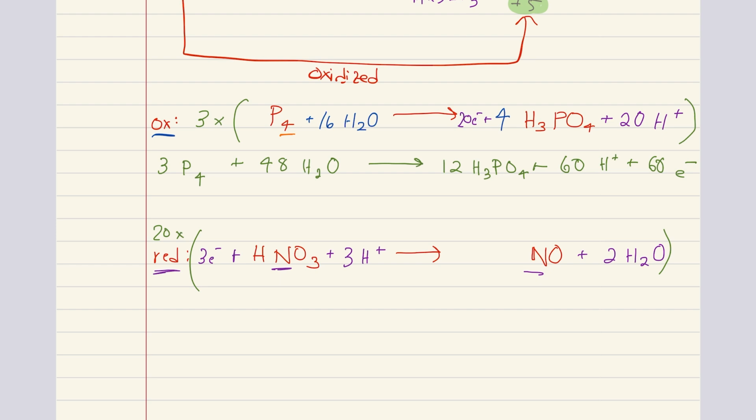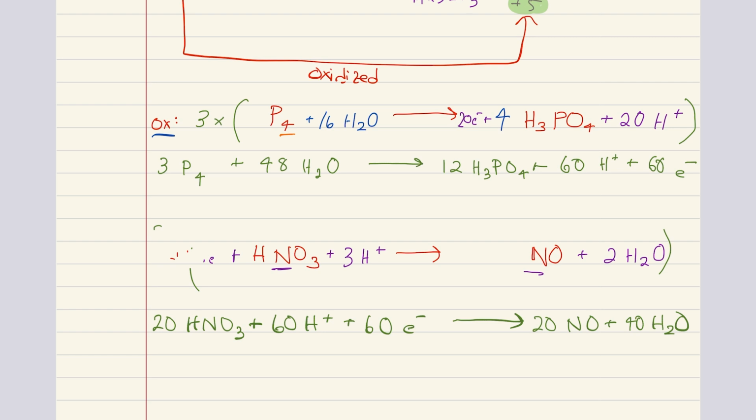For our reduction half reaction, we have 20 in front of nitric acid plus 60 H+ plus 60 electrons. This is all on the reactant side. On the product side, we have 20 in front of nitrogen monoxide plus 40 water. And these versions of our oxidation and reduction half reactions are what we're working with as we move into step 6.